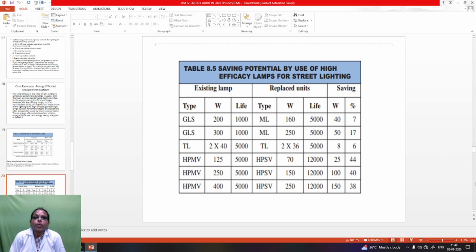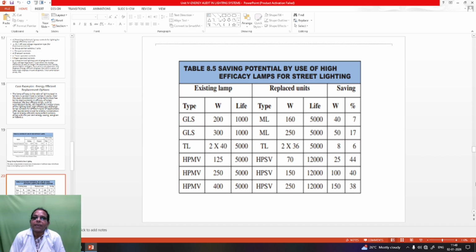TL 2 into 40 watt, lifetime is 5000 hours, is replaced by TL 2 into 36 watt, lifetime 5000 hours, and the saving is 6%. HPME existing is 125 watt, lifetime is 5000 hours.